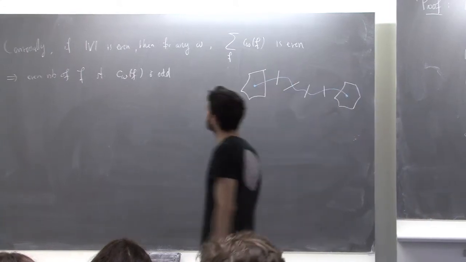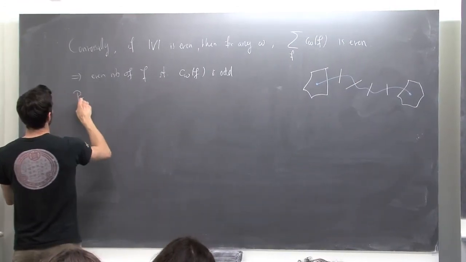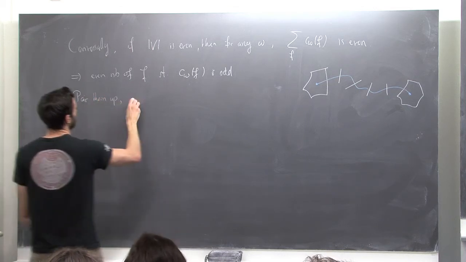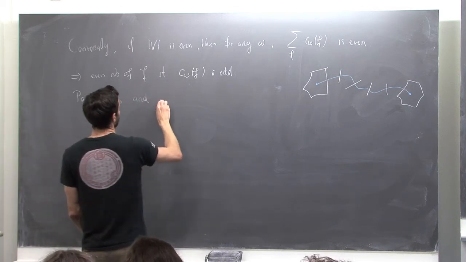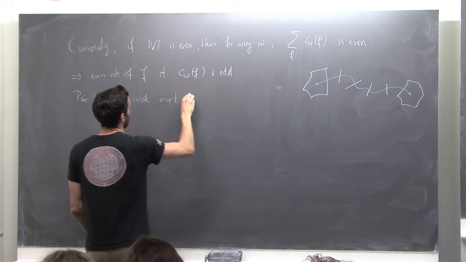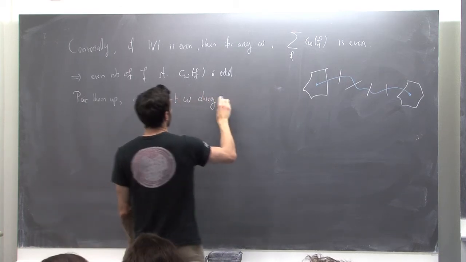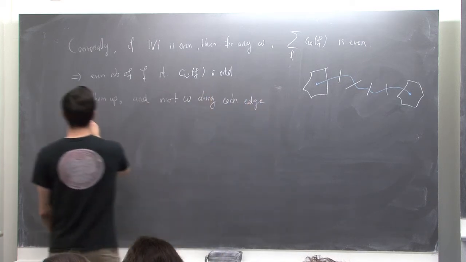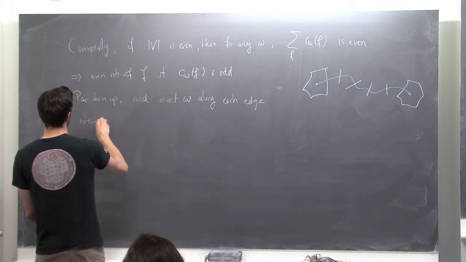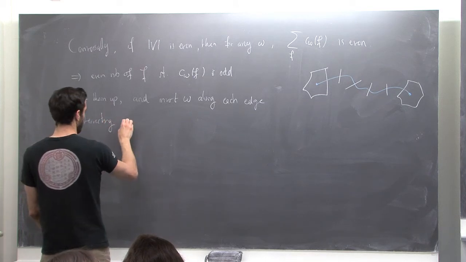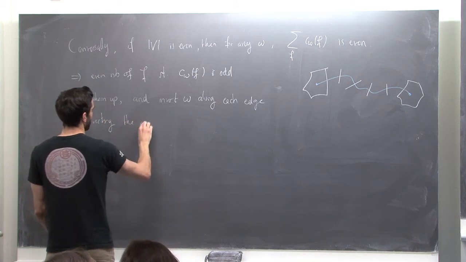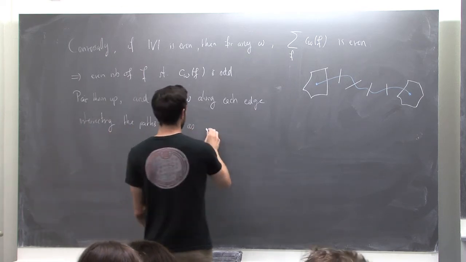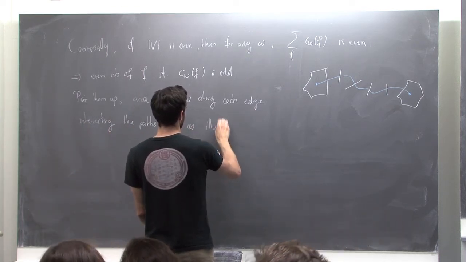So let me write this. Pair them up and invert omega along each edge intersecting the path gamma as illustrated opposite.